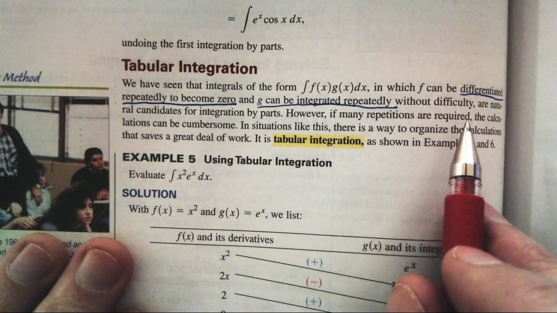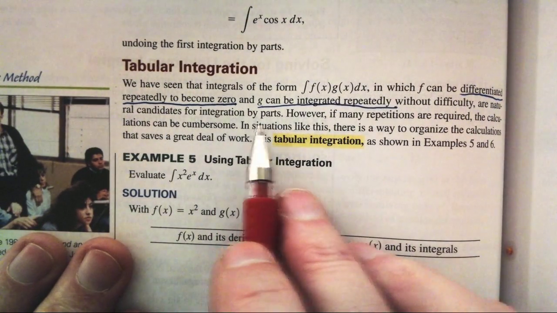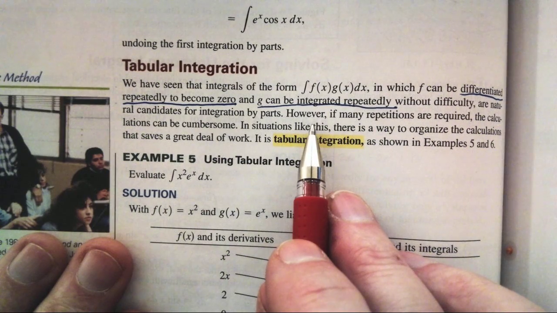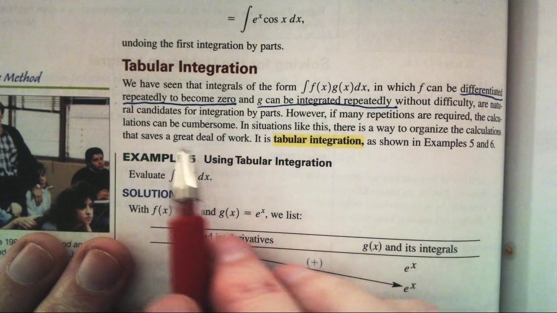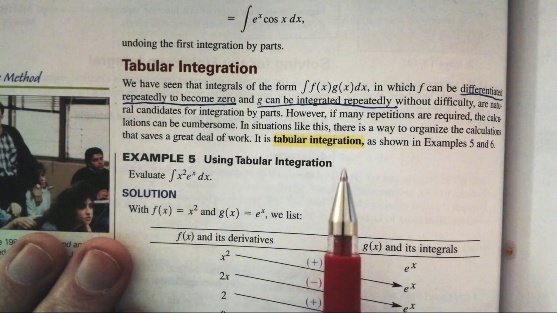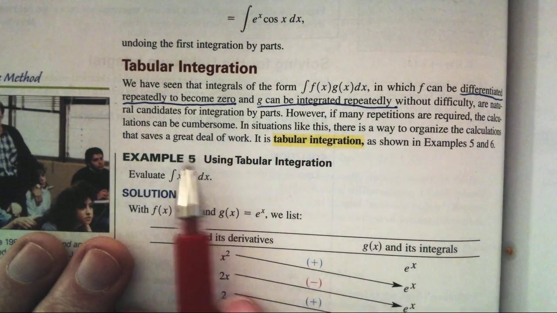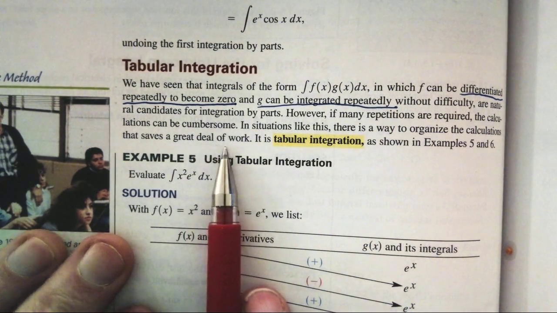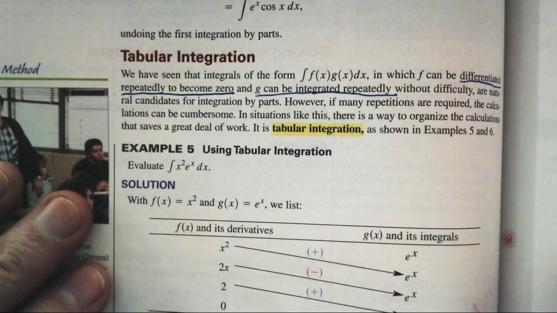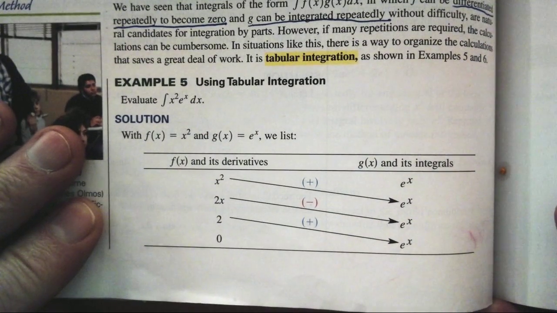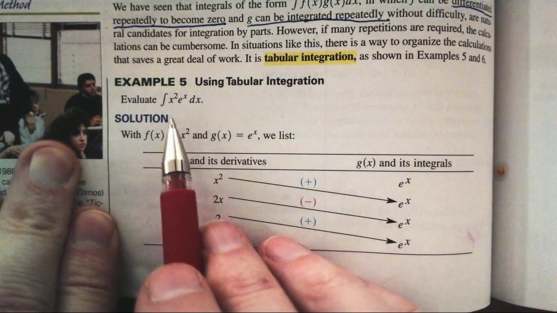If it can be done without difficulty, we have this method that's tabular. However, if many repetitions are required, like I just said, the calculations can be cumbersome. In situations like this, there's a way to organize the calculations that saves a great deal of work. Not only saving, we don't want things just to be faster, it's safer. It's called tabular integration, and it's shown here.